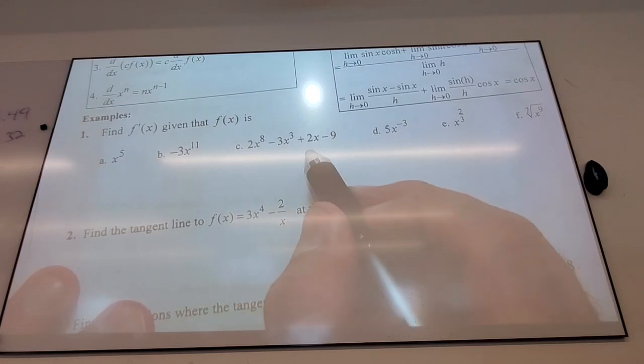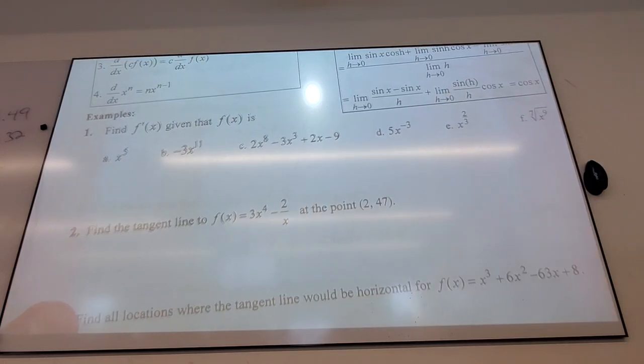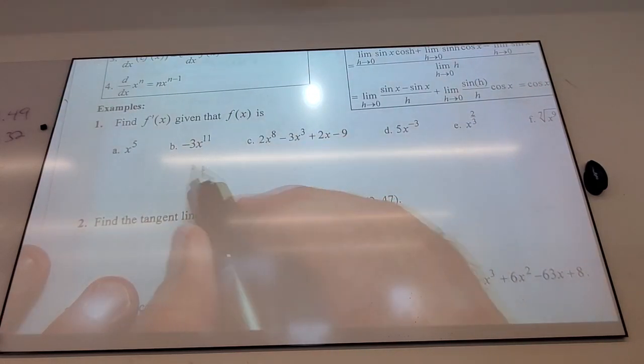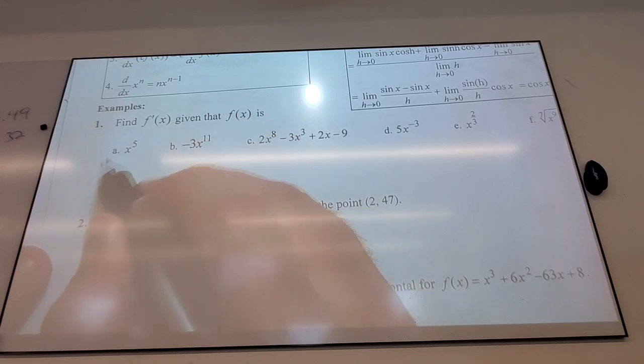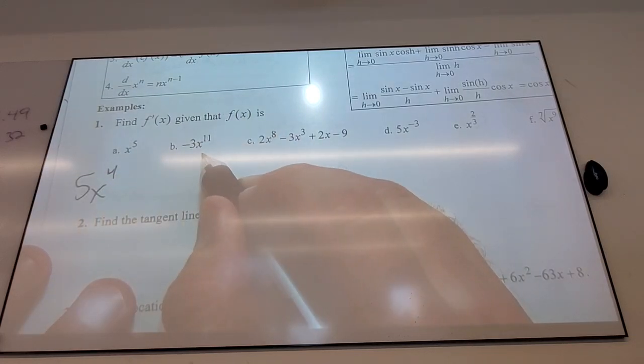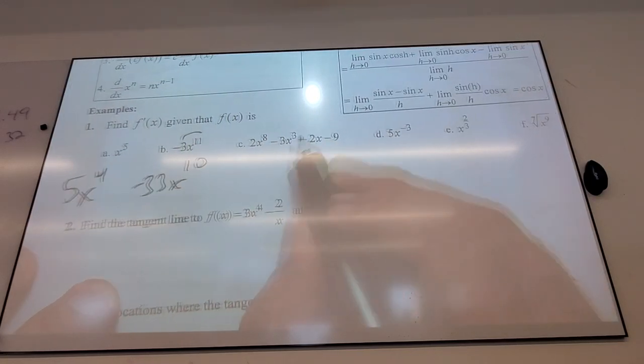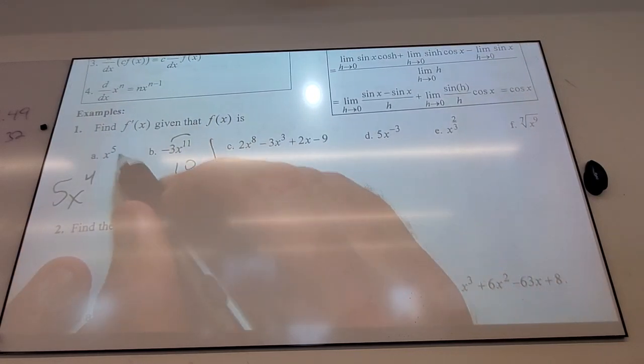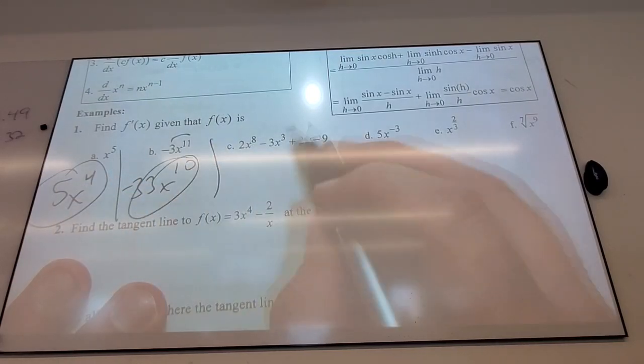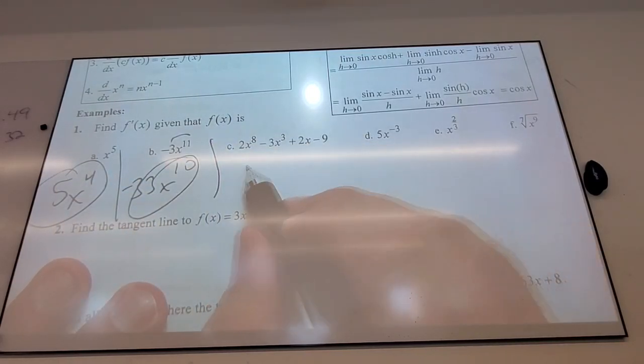Alright, the first 3 should be pretty quick. What's the answer for the derivative of x to the 5th? Of x to the 4th. What about this guy? What about this polynomial thing going on?